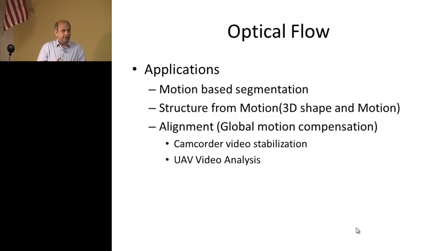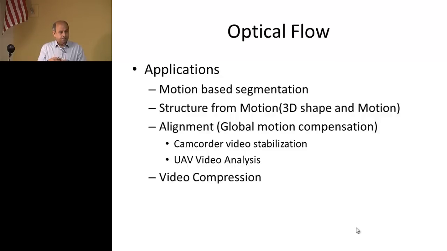We will also implement a method to align the frames and remove the global motion. And as I told you, some of these camcorders you buy, when you record a video, some people have a tendency to shake the camcorder. But the good ones have stabilization, so the video won't show the motion. That's what they actually do.